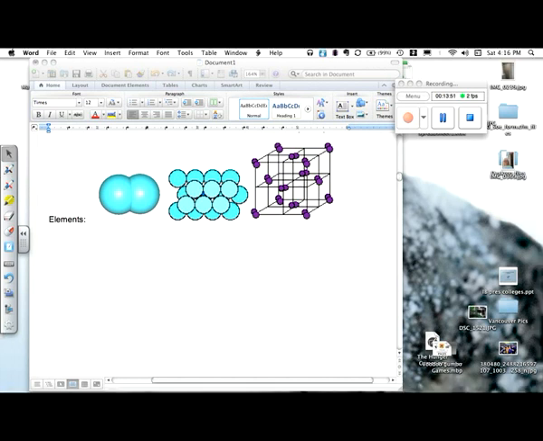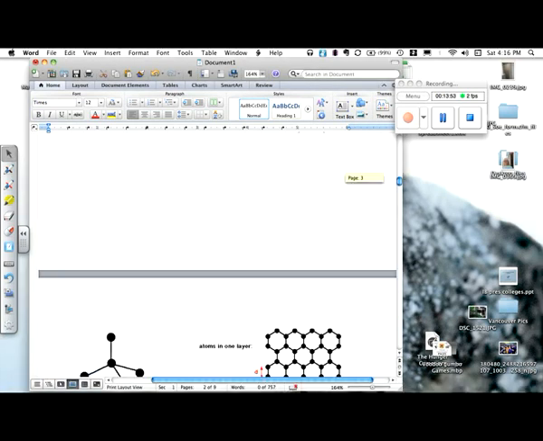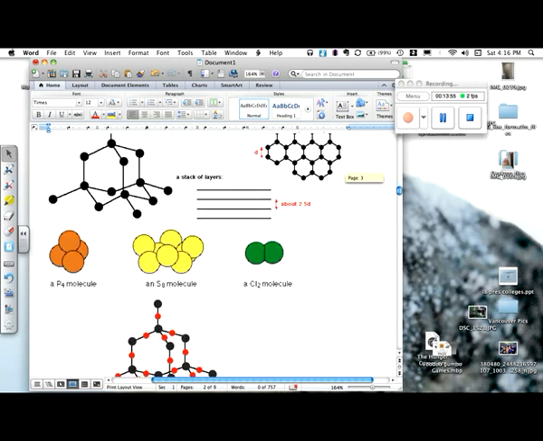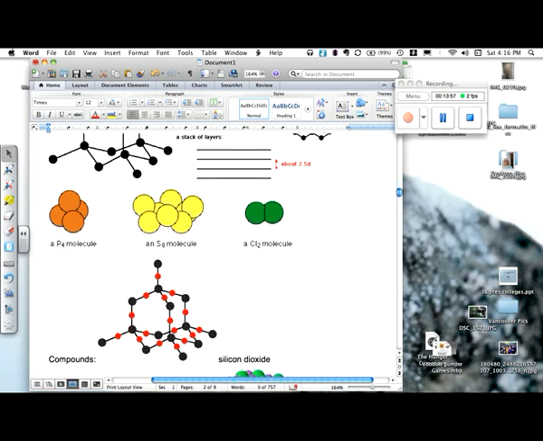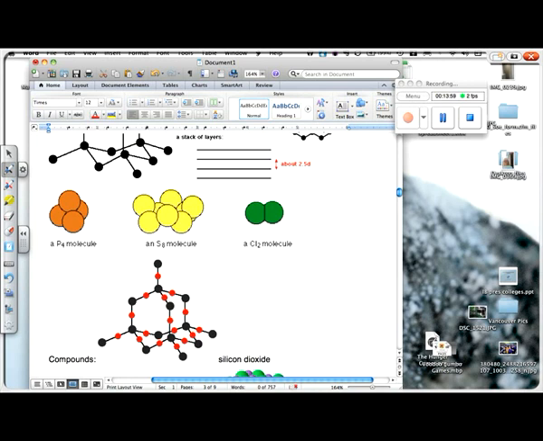There are also 2 other elements that come as molecules. Phosphorus comes as a P4 molecule, and sulfur comes as an S8 molecule. And here's just a picture of a chlorine molecule.